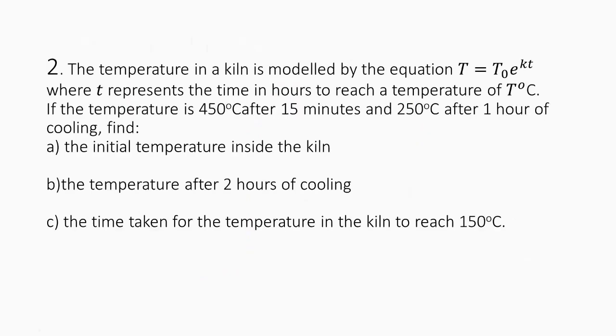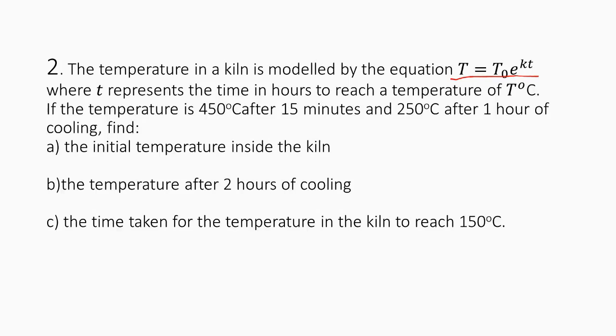Okay, let's do another one. Temperature in a kiln, this is a bit more complicated. Temperature in a kiln is modelled by the equation T equals T naught e to the kt. So they've given us the equation here. t is time to reach temperature T, in degrees Celsius.